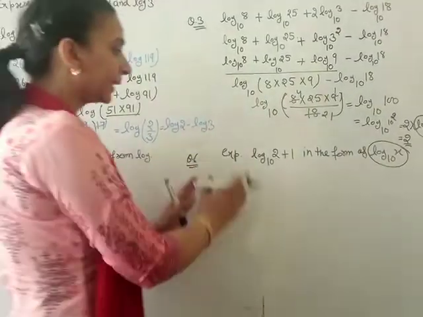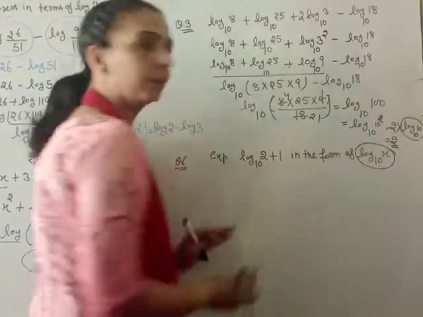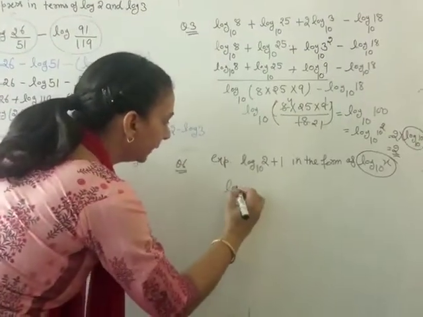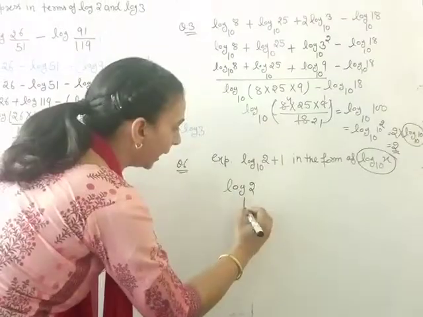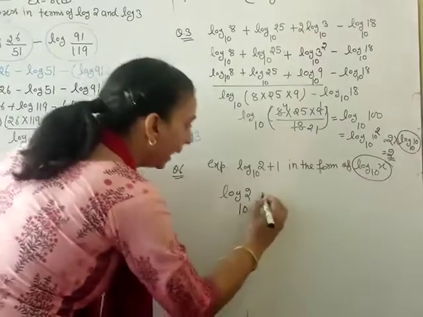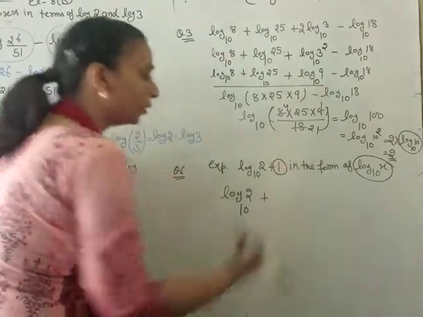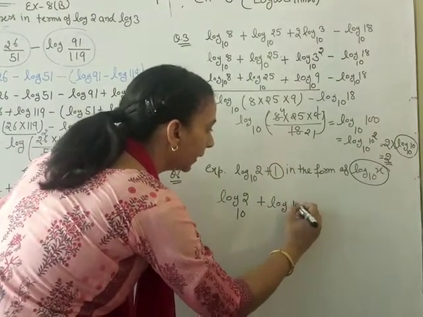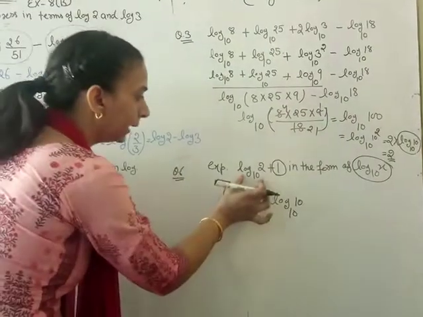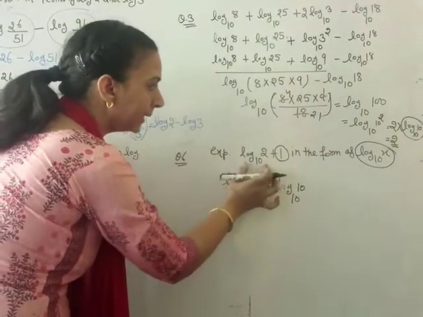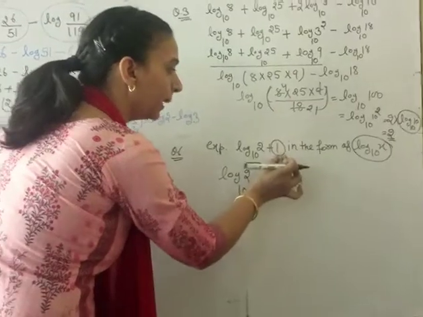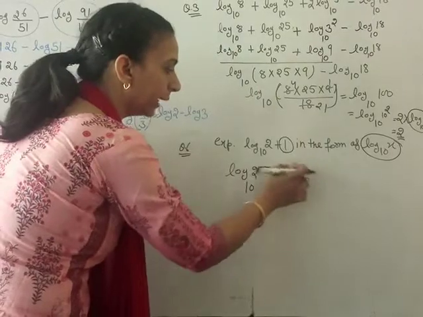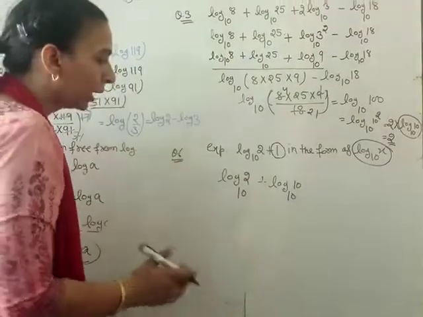Student, first we write this as it is, log 2 at the base 10, and in place of 1, we write log 10 at the base 10, and we know that the value of this is 1.